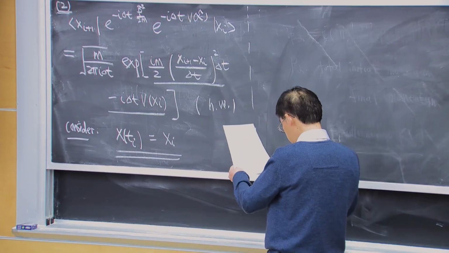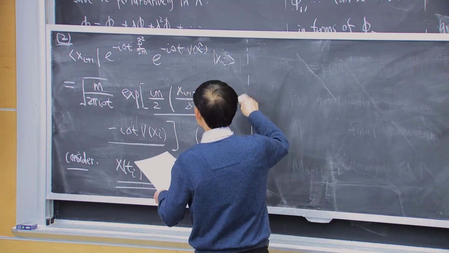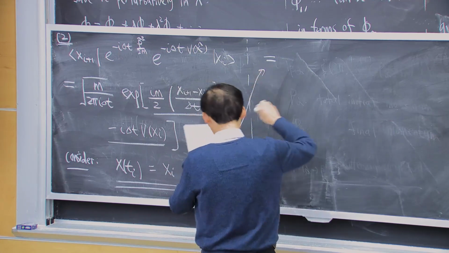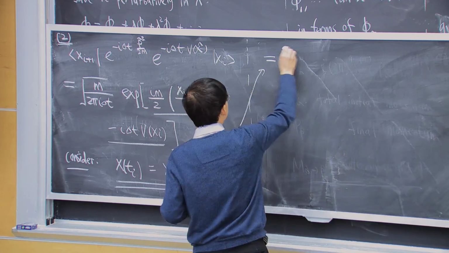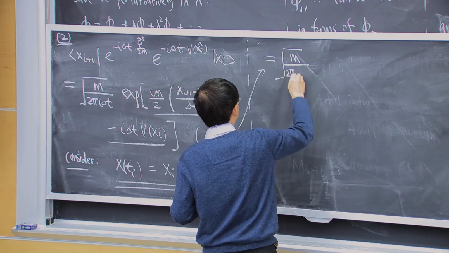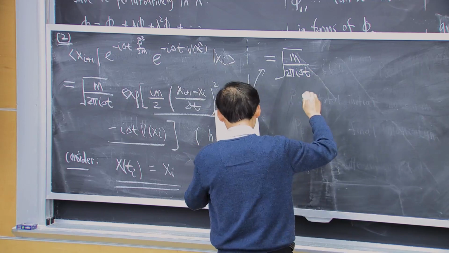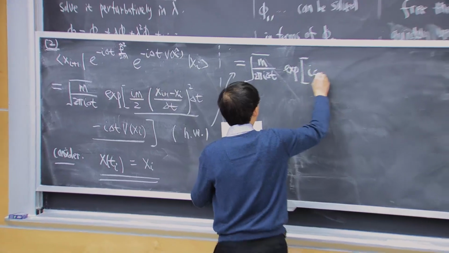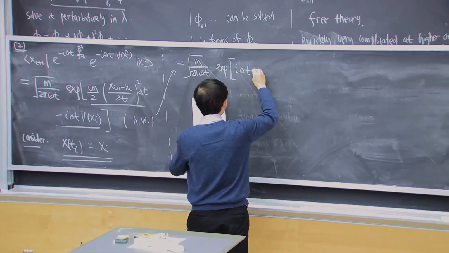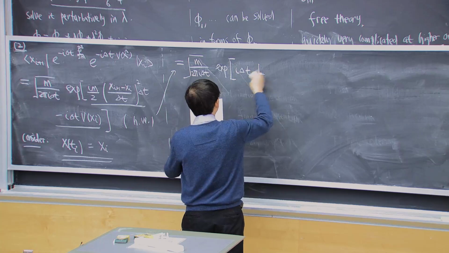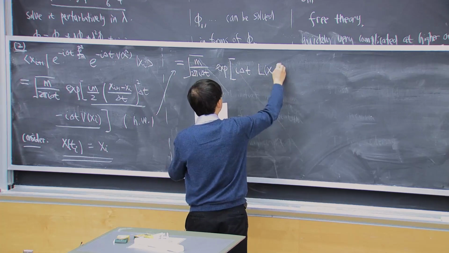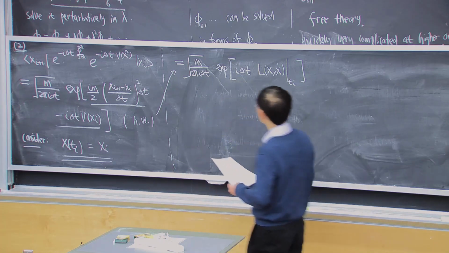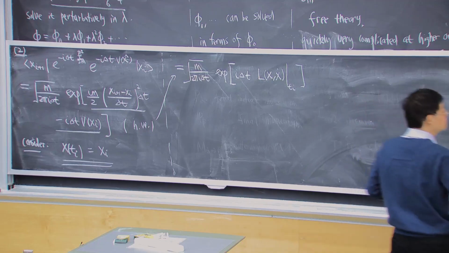So with the same prefactor, it becomes the exponential of i delta t times the Lagrangian, L(x, x dot) evaluated at x(t_i).